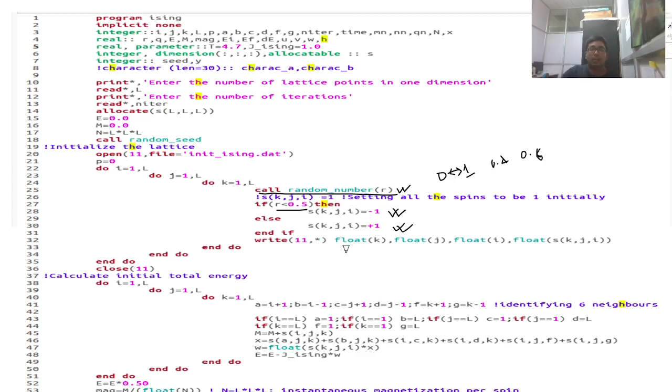And then as before, I am saving those values in this data file, okay. So what else can I do? As before, I am doing the same things. I am calculating the magnetization and I am calculating the energy, okay. So in this page I just have to change this part.